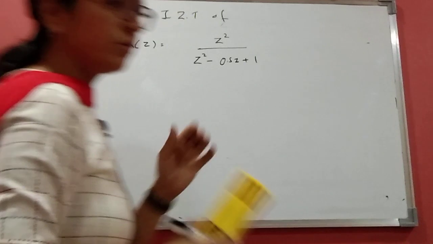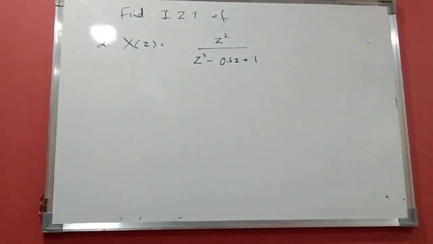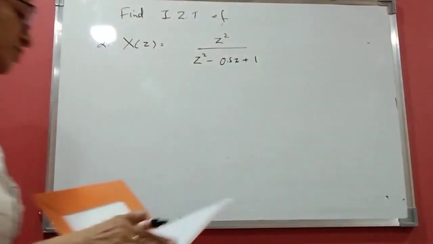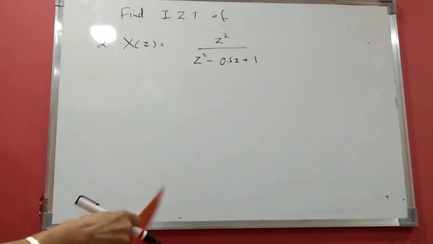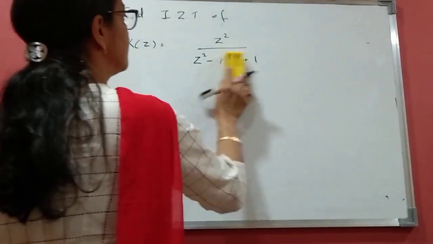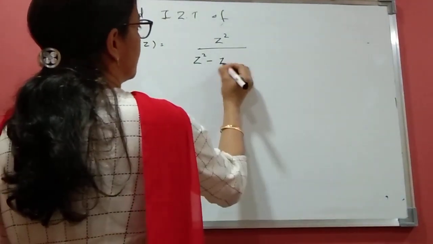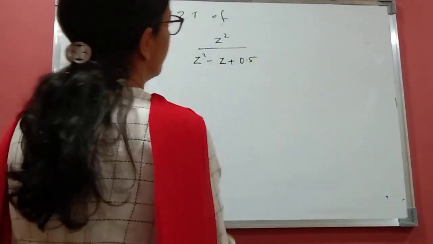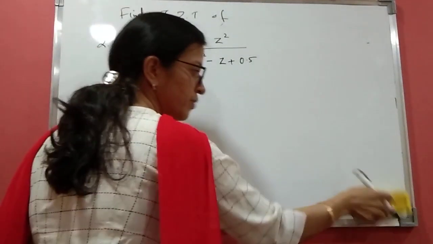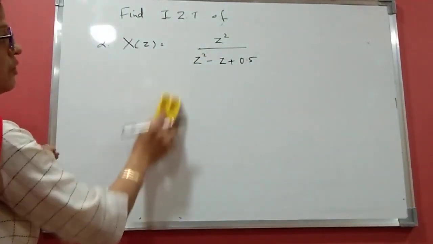So first find out the roots. First find out the roots of this. So I'll change the problem here. This is minus z plus 0.5. As I told you, first we have to find the roots of the denominator here.